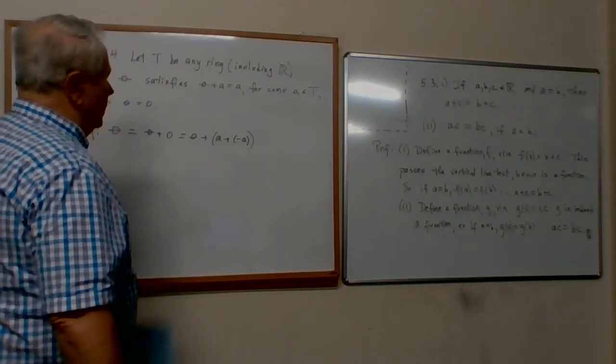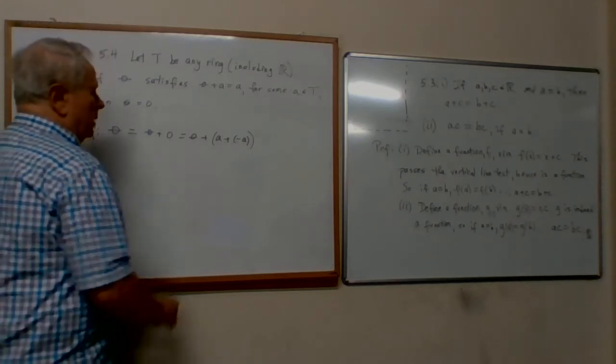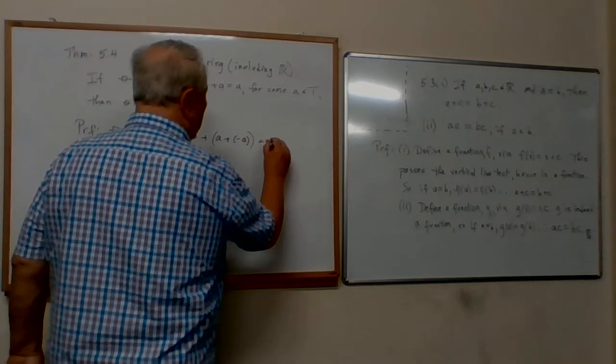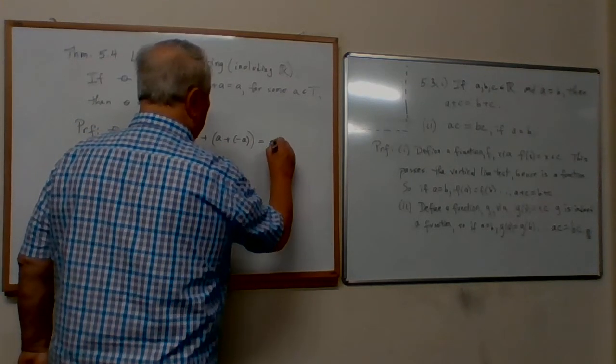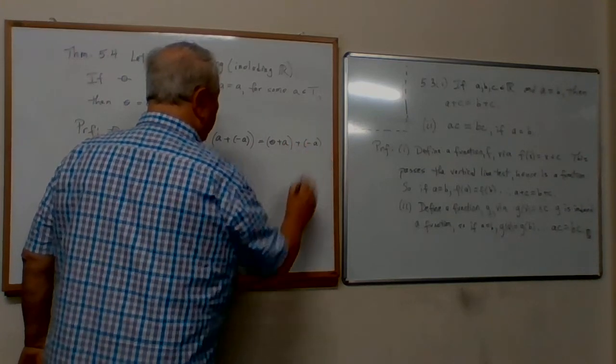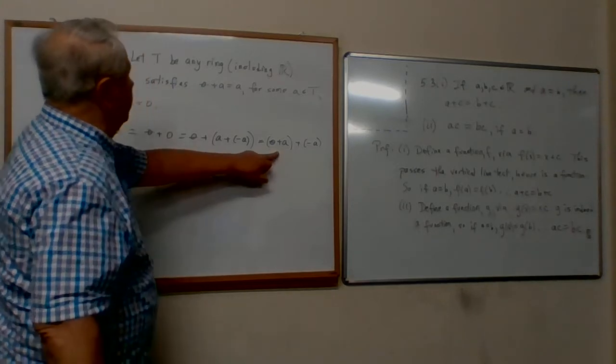But addition is associative. So this is equal to theta plus A, and oh yeah, plus negative A. But what's theta plus A?